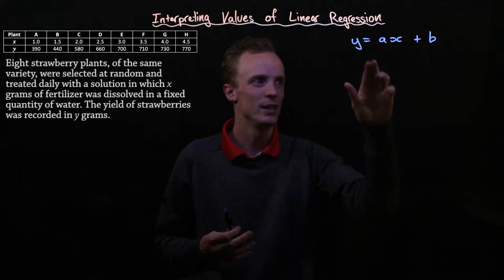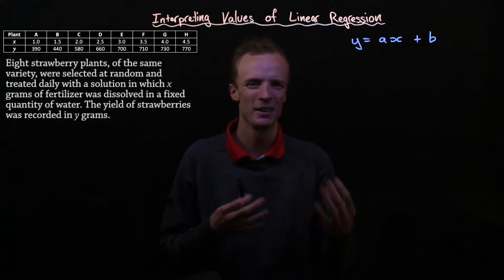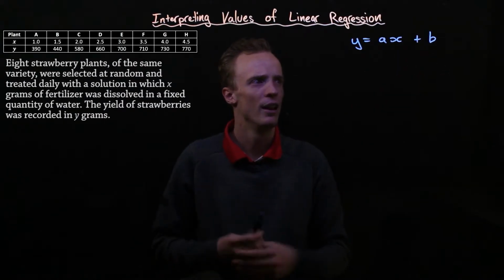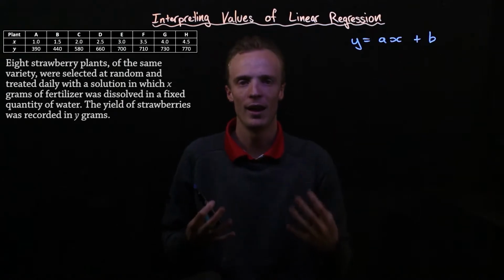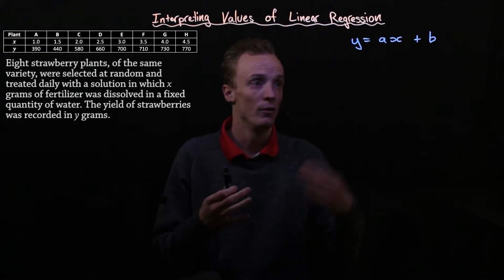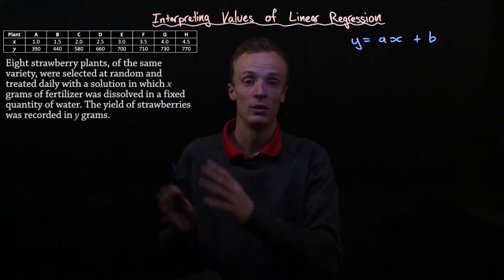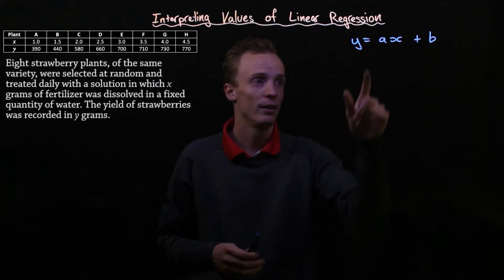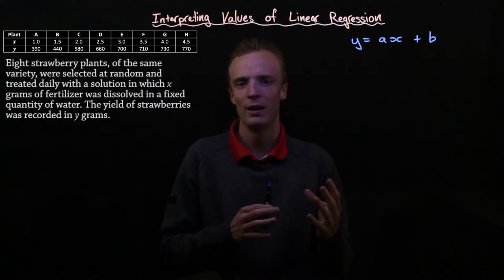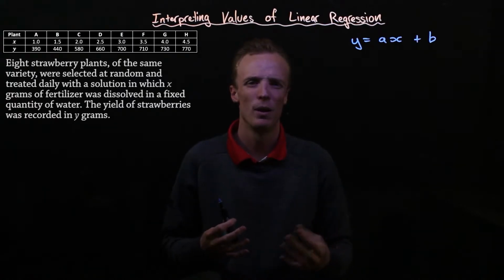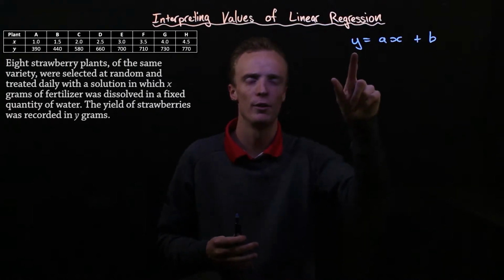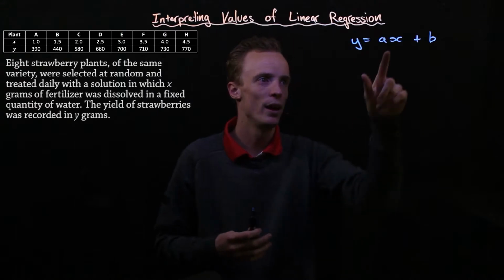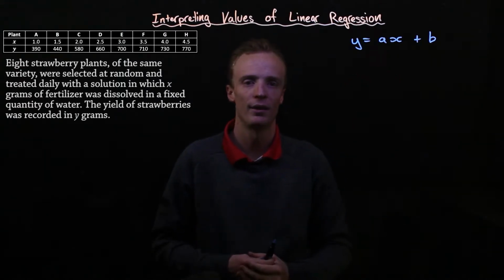But if we're thinking of these values in context to a problem, I like to think of these values a little bit differently. I like to think of the b value as our starting value for our y variable in context of the problem, and I like to think of our a variable as the rate of change. So what I mean by that is how much our y variable changes for every one increase of our x.